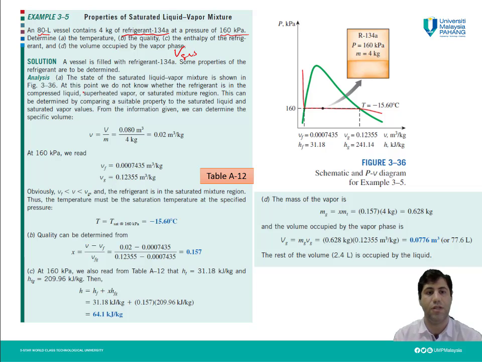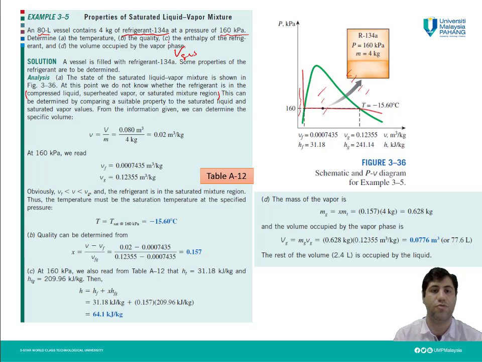With this information, we do not know whether the refrigerant is in the compressed liquid, superheated vapor, or saturated mixture region because it is not mentioned. If you remember, in this diagram, we have the compressed liquid here, the mixture region here, the superheated region here.